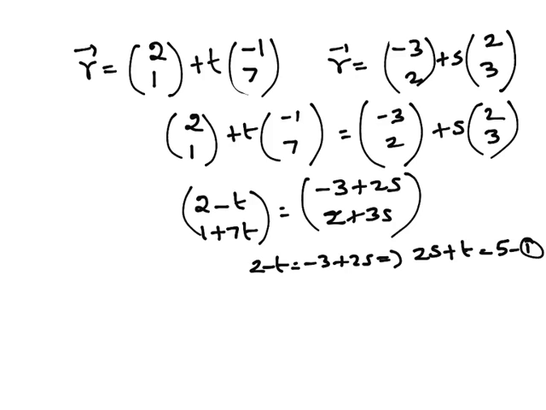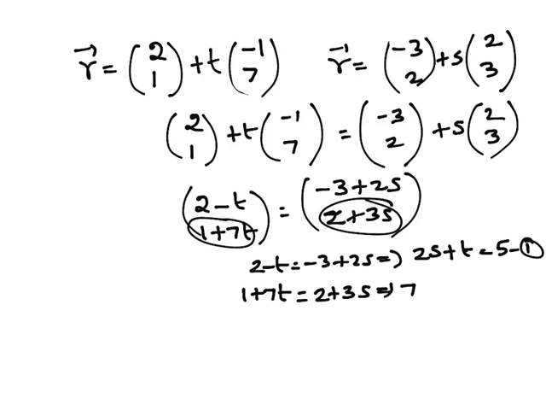Okay, now equate the second components. So 1 + 7t = 2 + 3s, which means 7t - 3s = 1, equation 2.